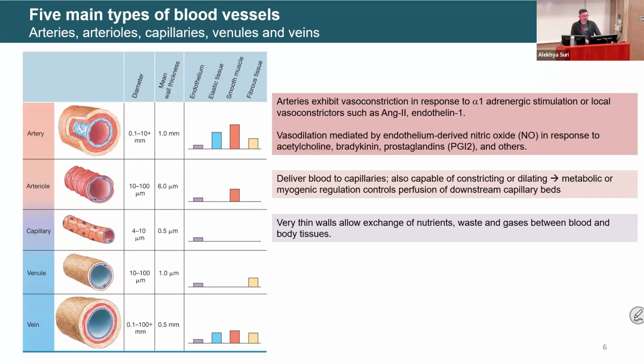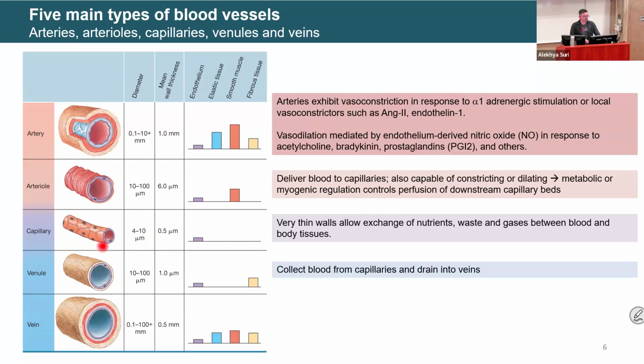So in the smallest capillaries, the red blood cells have to sort of squeeze in, right? And this is important because this thin wall is ultimately what enables diffusional exchange of gases and waste and nutrients between the blood and the tissues.